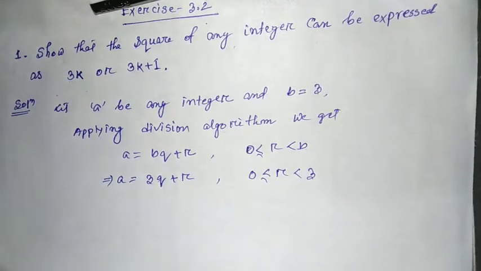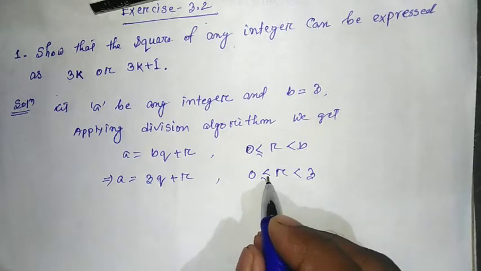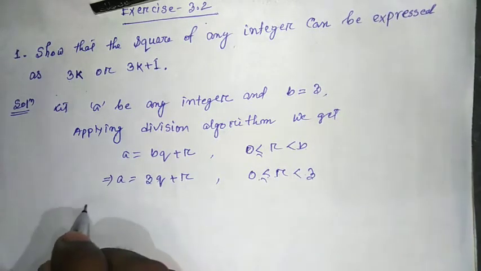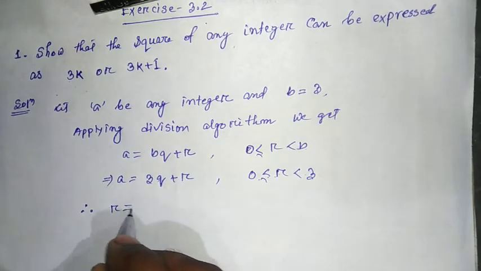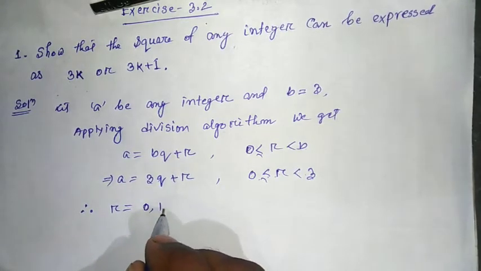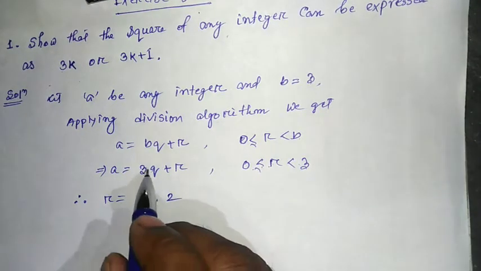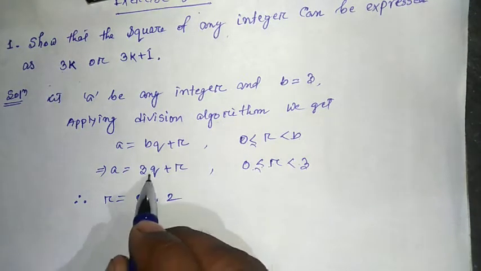Now see, if r is greater than or equal to 0 and less than b, then the possible values of r are 0, 1 and 2. If we put this in the equation, if we put 0 for r, we get 3q.